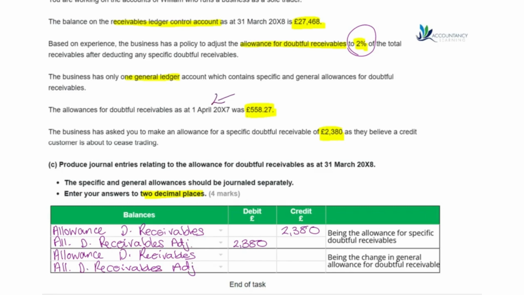Now at the start of the year, we had £558.27 as the doubtful receivables balance. We now need 2% of the new receivables balance. So we've got to take off the specific debt first. So we're going to take the 2,380 off to give us a new balance of £25,088. Then we're going to take 2% of that 25,088.